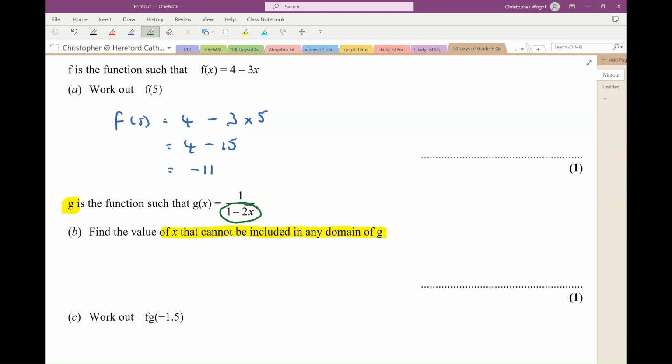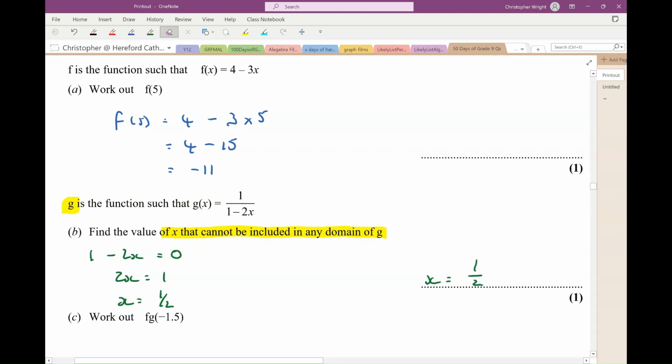So I need to know what x's will make the denominator 0. So what x's solve that equation? Aha, well, I'm going to have 2x equals 1, so x equals a half. So the value of x which cannot be included in the domain is x equals a half.